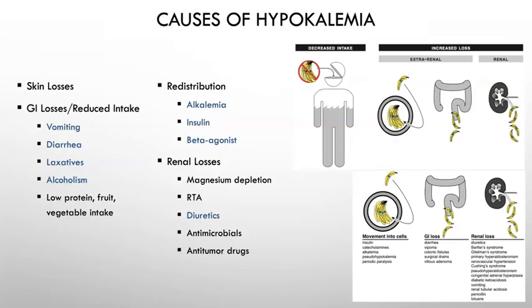Loop and thiazide diuretics cause hypokalemia by increasing distal sodium and water flow to the collecting duct, thereby increasing the excretion of potassium and water. Vomiting leads to hypokalemia because it leads to an increase in bicarbonate delivery to the collecting duct. Bicarbonate binds to potassium in the collecting duct and increases potassium excretion.